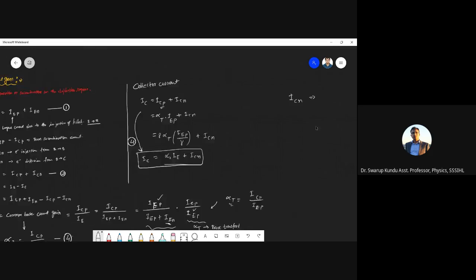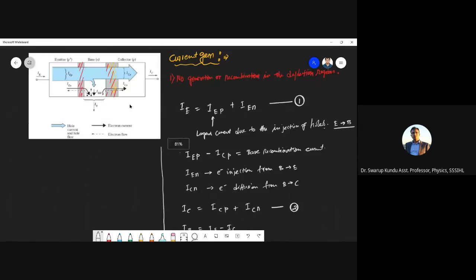If you see the picture here, ICN is coming because of the electron diffusion from base to collector, and it has nothing to do with the emitter. It is because of the reverse bias condition between base and collector. That's why this ICN. It's basically the leakage current, the reverse saturation current, because of the electrons, right? ICN.